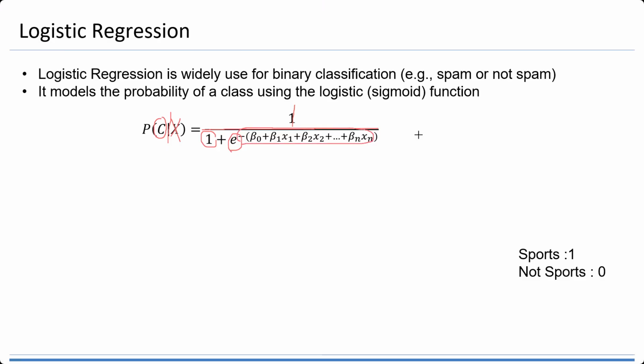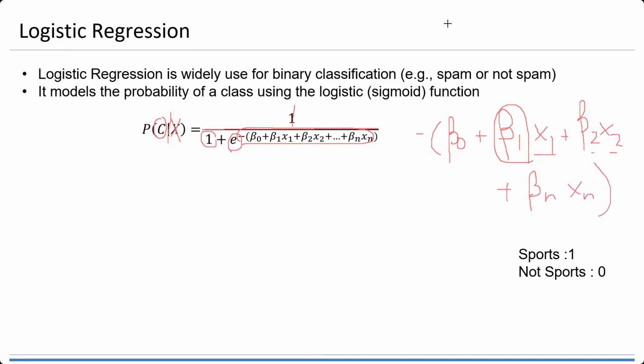So we have minus beta 0 plus beta 1 x1. It means this is the coefficient for the x1, plus beta 2 x2. So this is the coefficient for x2 and so on until beta n xn.